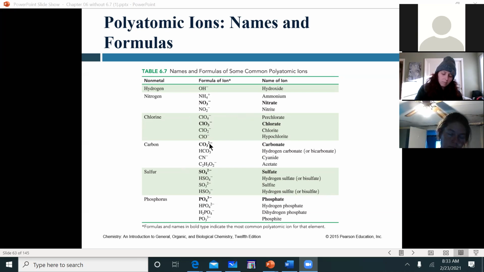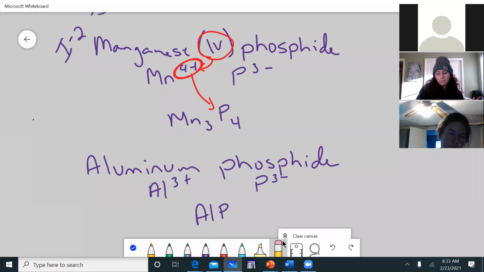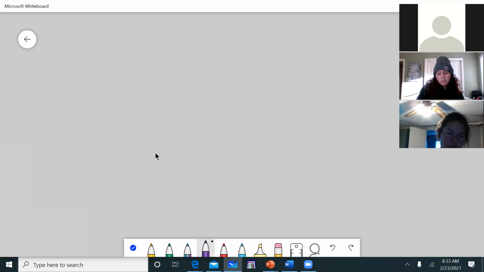Let's look at carbonate here. I'm going to zoom in on carbonate just so we can get the anatomy of a polyatomic ion really well. So CO3, 2 minus. I'm going to put a dotted line here to separate out my subscripts from my superscripts, because a lot of times people will morph these numbers together or flip-flop them or confuse them.